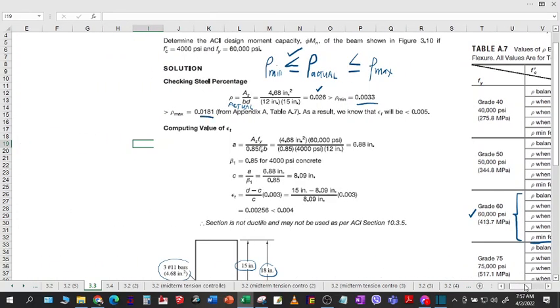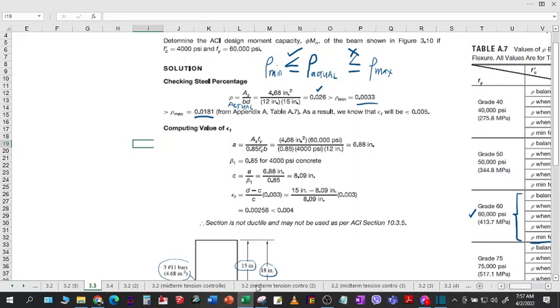However, the computed is 0.026 and the maximum is 0.0181. So, this is clearly greater than the maximum. So, this criteria is not permitted. The section now is brittle and not ductile.